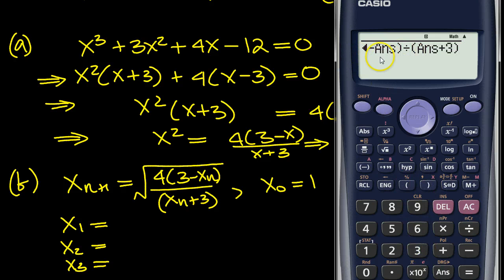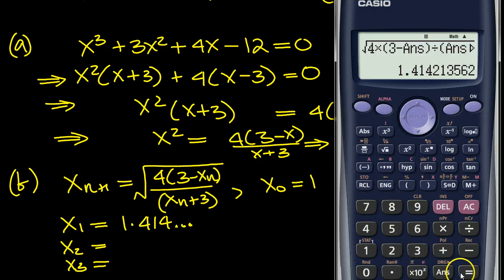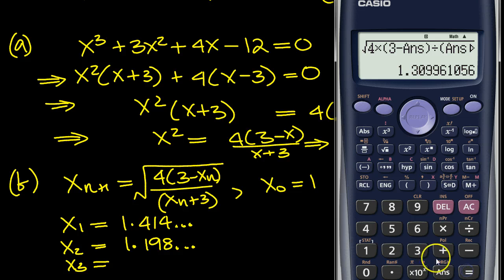We've got answer is equal to 1 as from before, so if we press equals, that will give us 1.414 for x1. And then x2, press equals again, and the answer goes in once more, 1.1987, and x3, let's press equals once more, 1.3099.